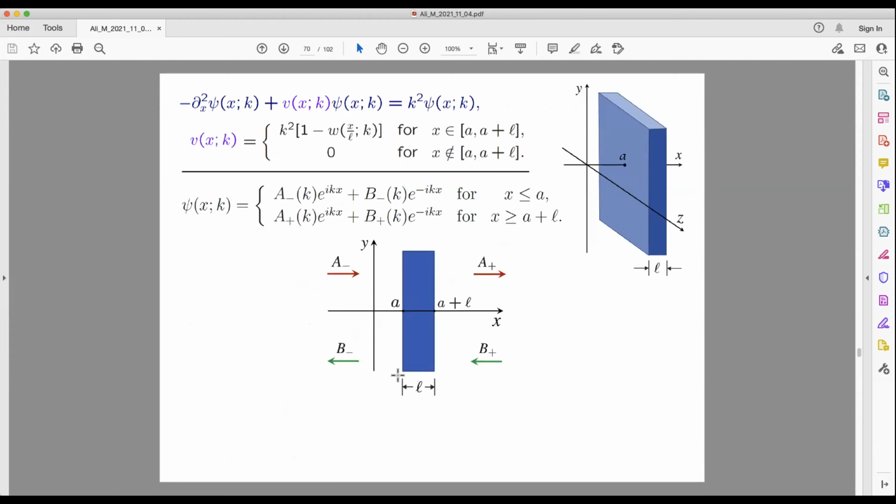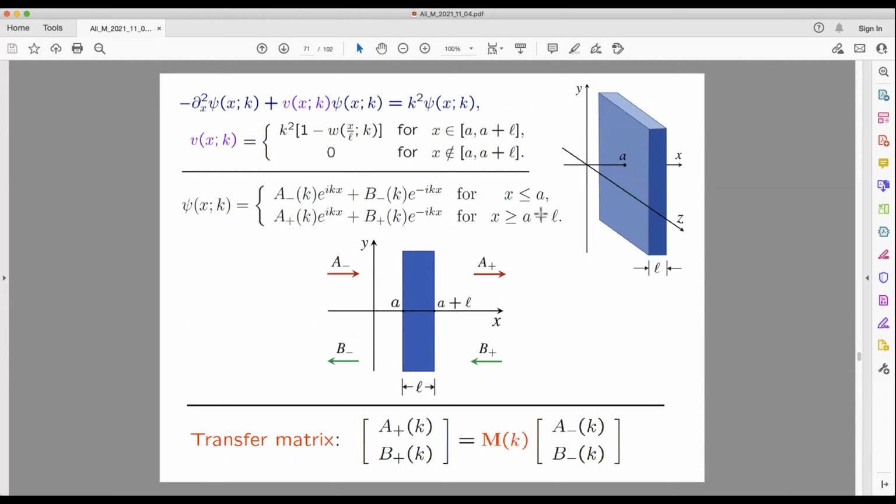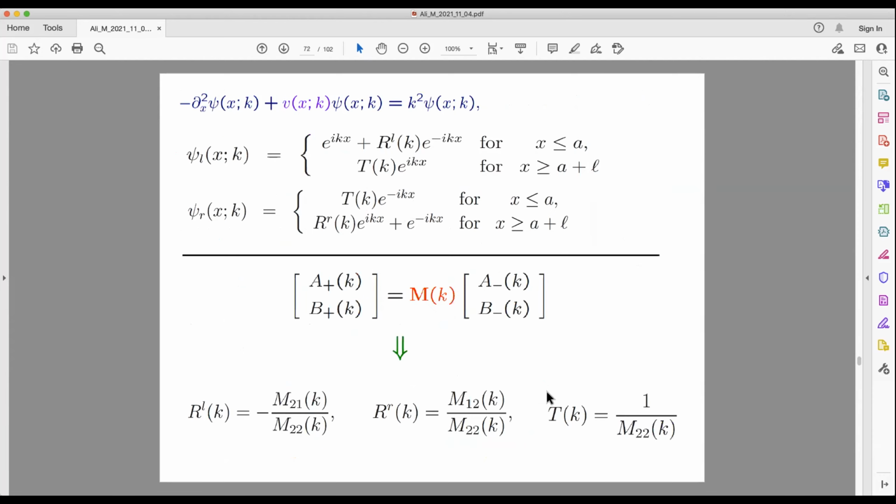Now, again, the scattering setup is as before. Outside, the potential vanishes. So outside, I have plane waves to the left and the right of the slab. And then I can use these coefficients to define the transfer matrix as before. And then from the transfer matrix, I can get reflection and transmission amplitudes.